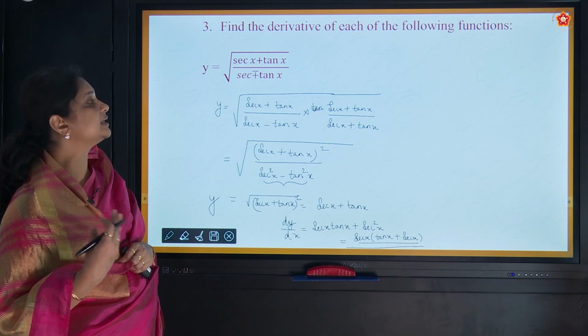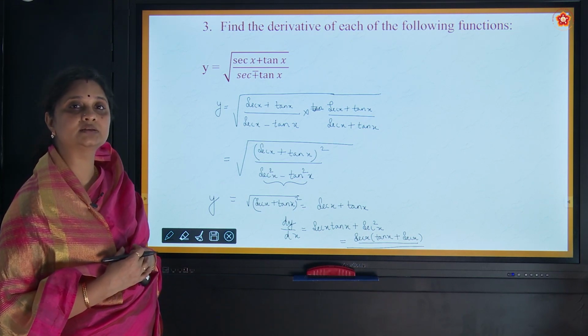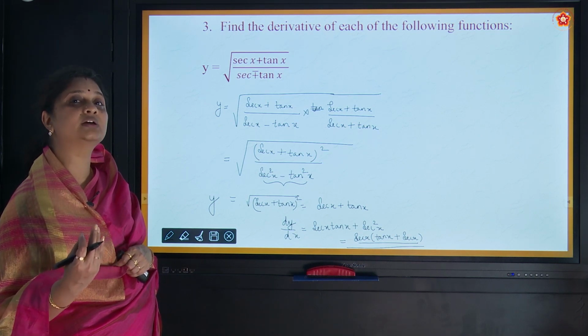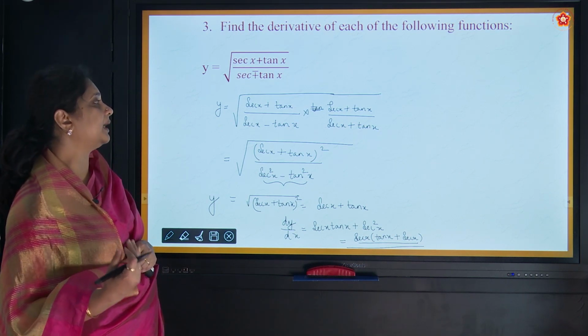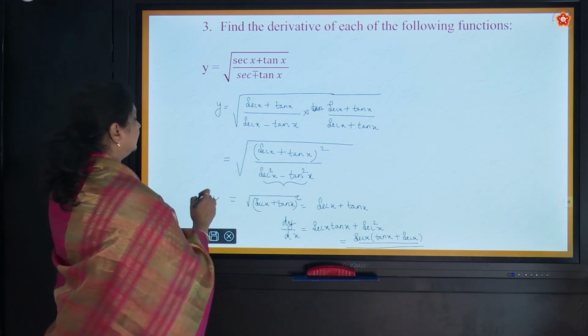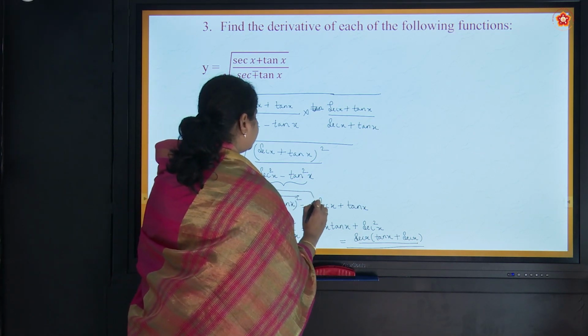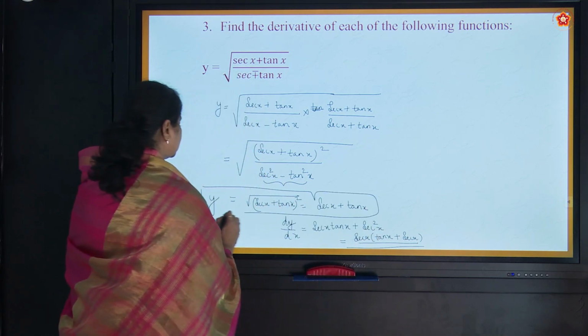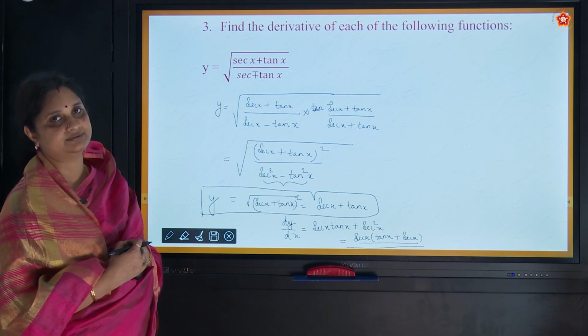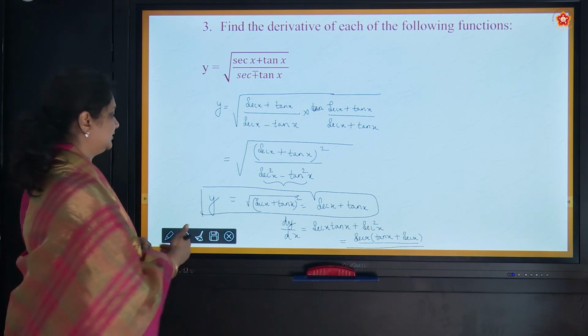The moment you look at secant x minus tan x in the denominator, it should strike you that secant square x minus tan square x is going to give you 1. So just multiply by the conjugate, simplify it and express the function itself in a different form so that it is easy for you to differentiate and get the derivative. So could we move on?